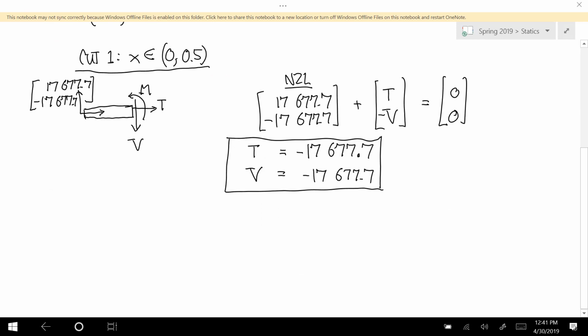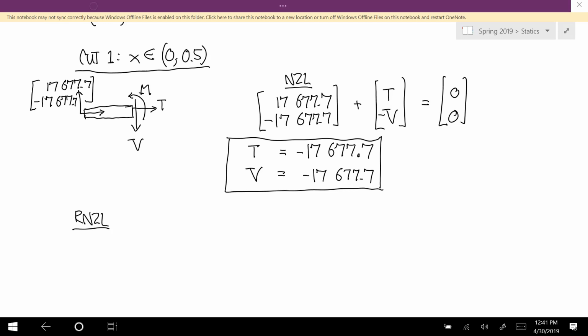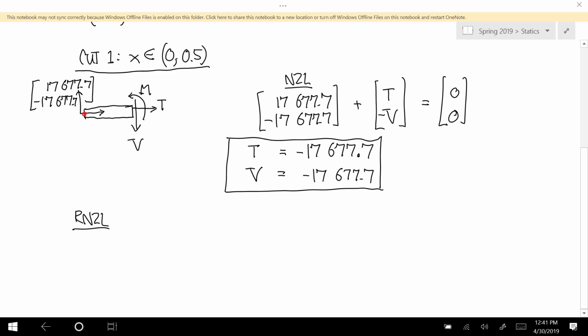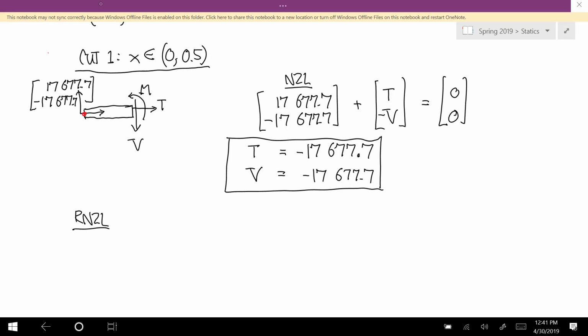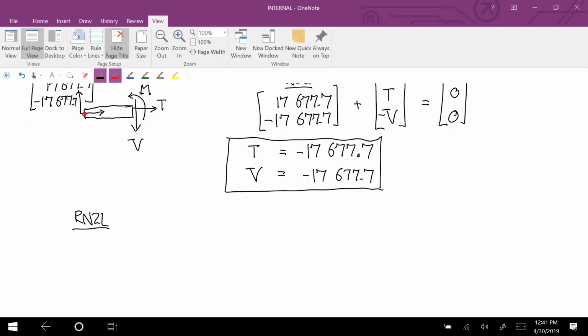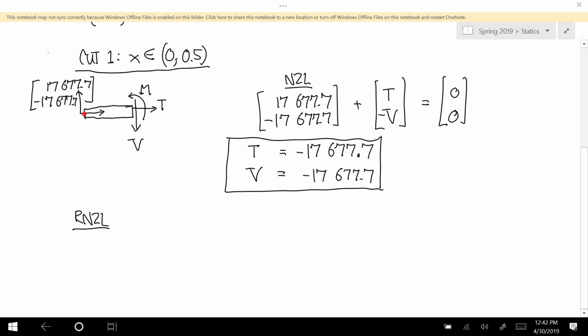And now we go to the moment equation. The about point, like always, for me is going to be at the left. The only things that produce moments are the couple M, and then minus Vx, and that's equal to 0. So M is equal to Vx, and V is negative 17,677.7 times x.